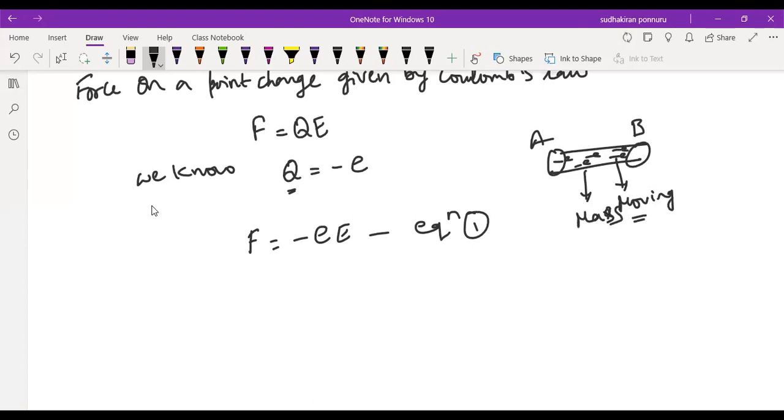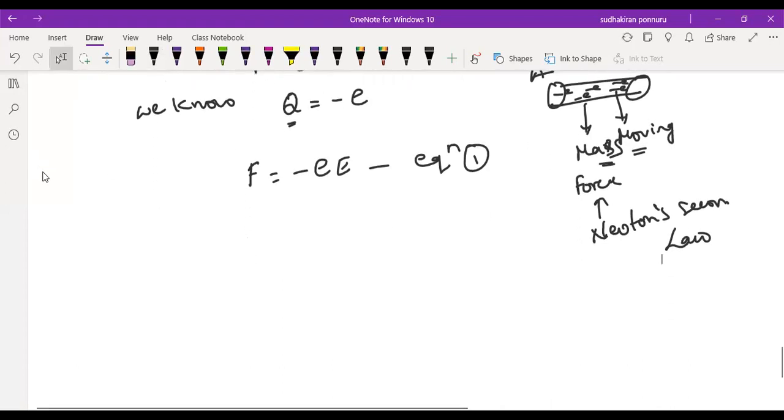Any particle which has some mass will experience some force, and that force is given by Newton's second law, which is very familiar to us. Newton's second law is given as F is equal to m into a.